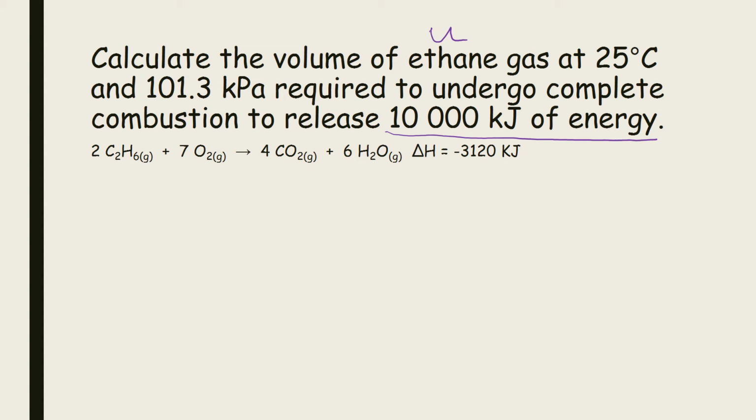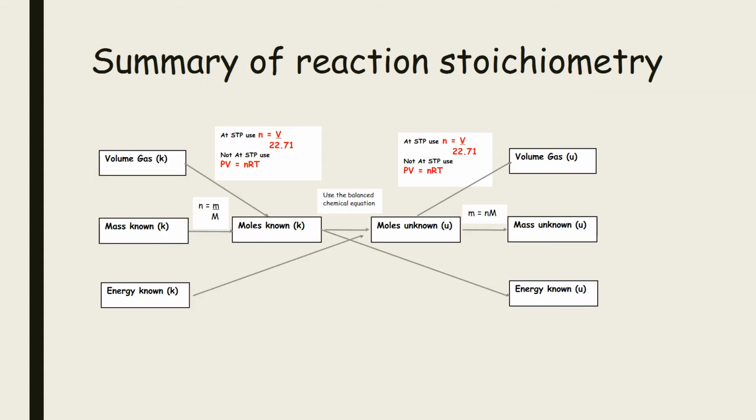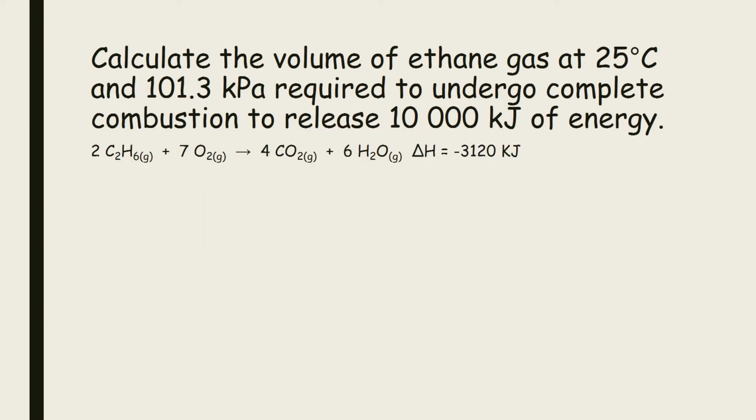So in this case, our known is the energy released, and our unknown is the ethane gas. So this time we're starting at energy known so that we can use our equation to find the moles of the unknown.